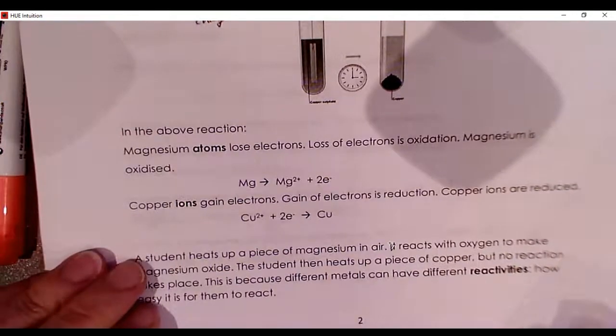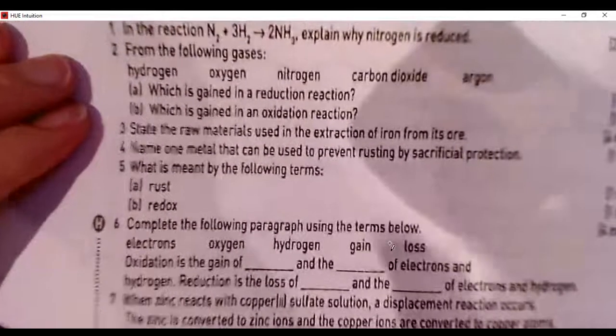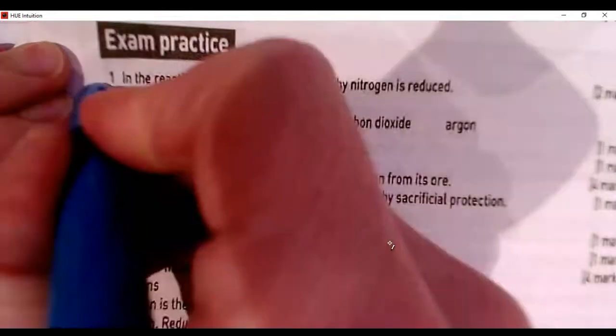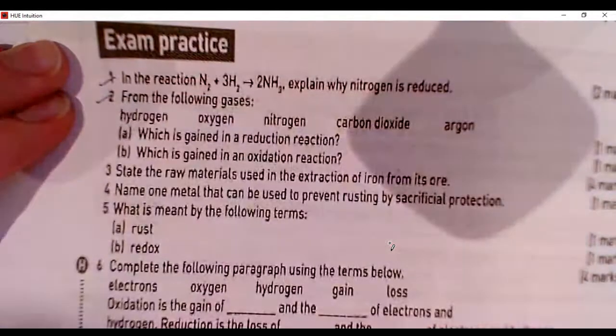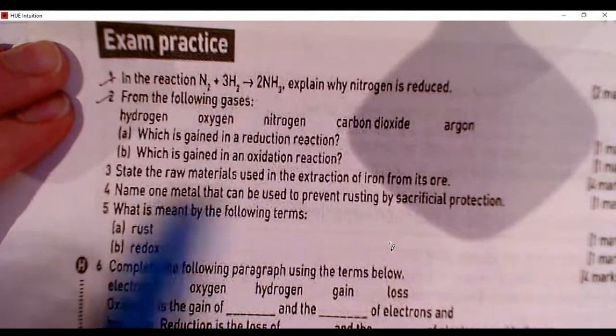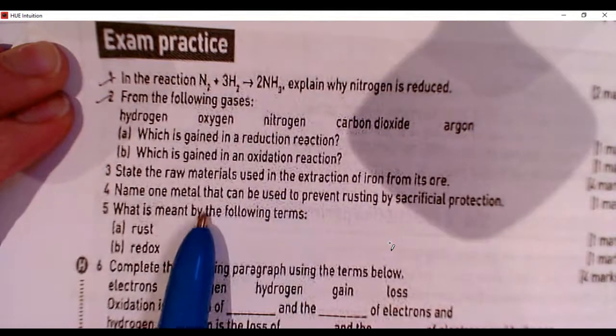Okay, so before we move on, get some practice on this and turn to page 50 of your notes. There's some questions here from the revision book. So what I would like you to do is try questions 1, 2, and then 6, 7, 8 and 9.